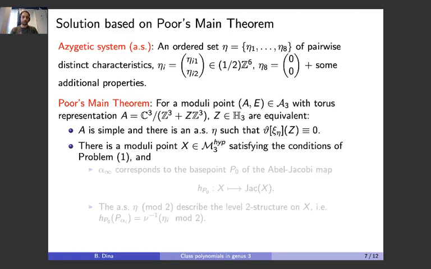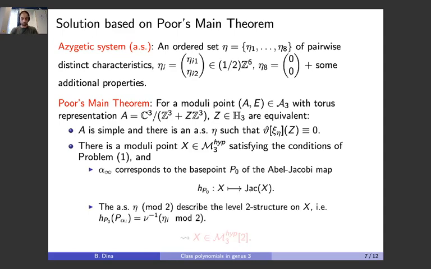Further, it is equivalent to having a moduli point in the moduli space of hyperelliptic curves of genus 3 satisfying our conditions in problem 1, and the point at infinity on X will correspond to the Abel-Jacobi map.